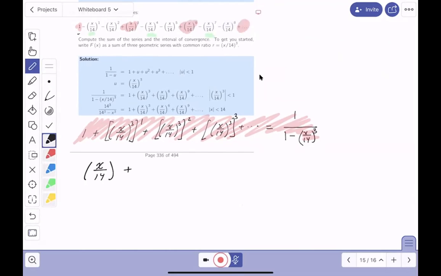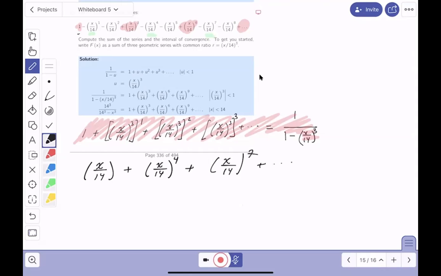And then the next one would be x to the 14 to the 4th. And the next one would be x to the 14, going up by 3, right? 7, yada, yada, yada.